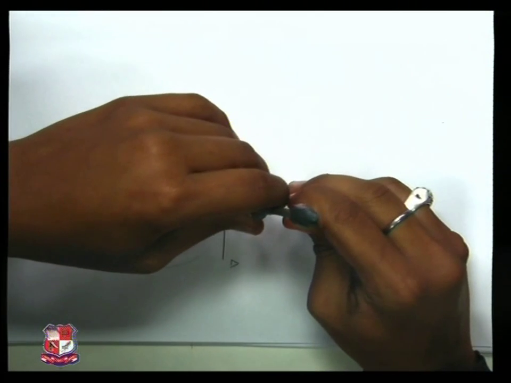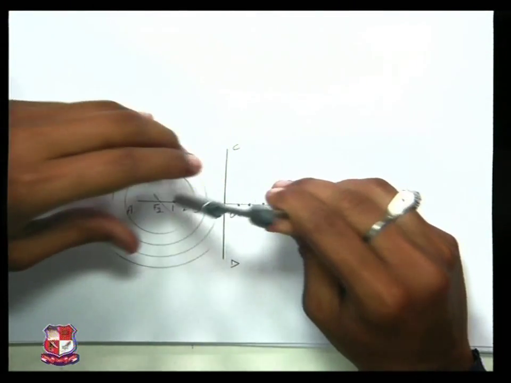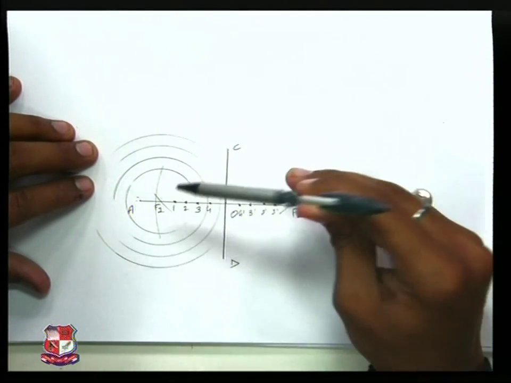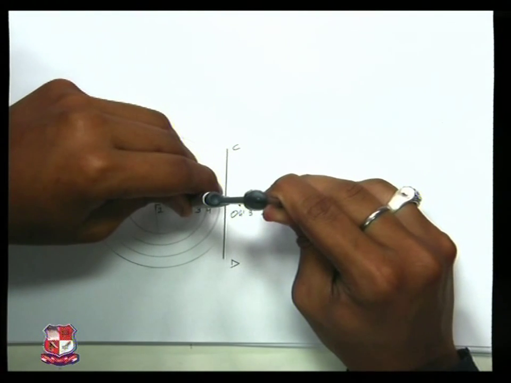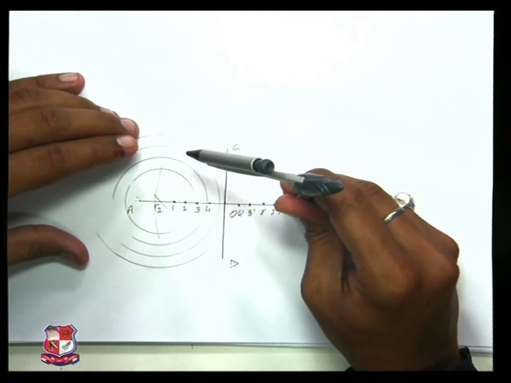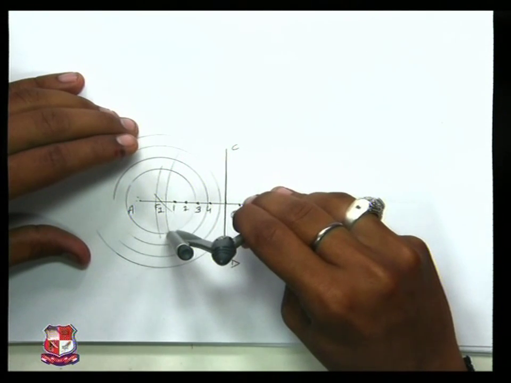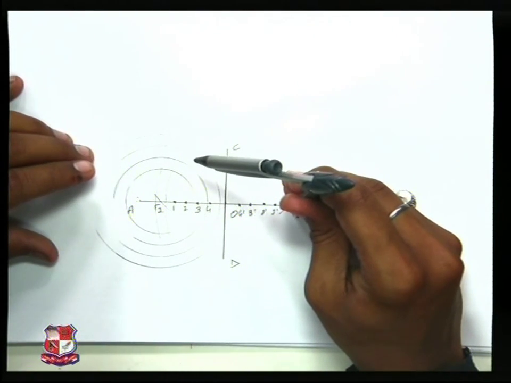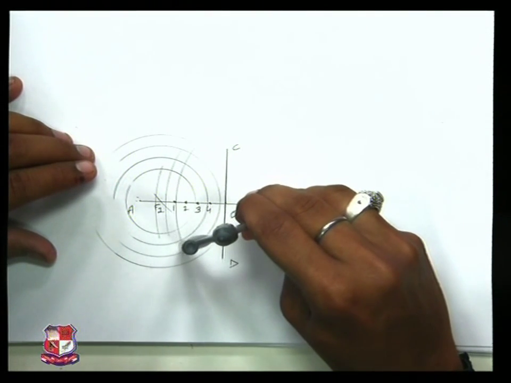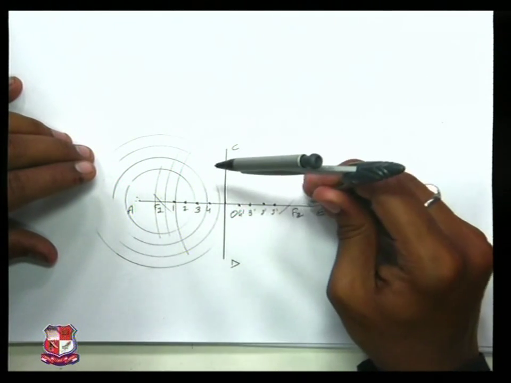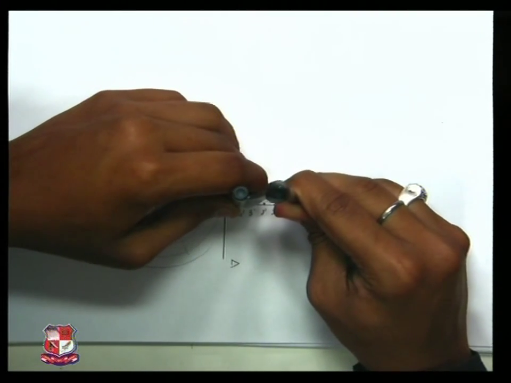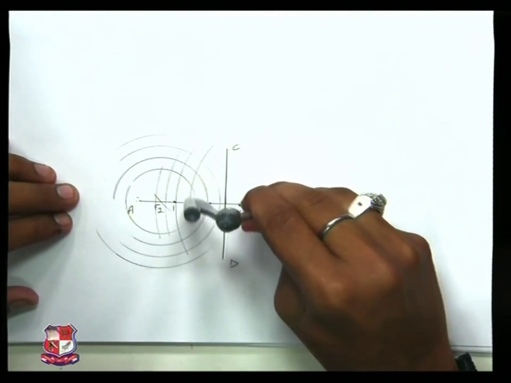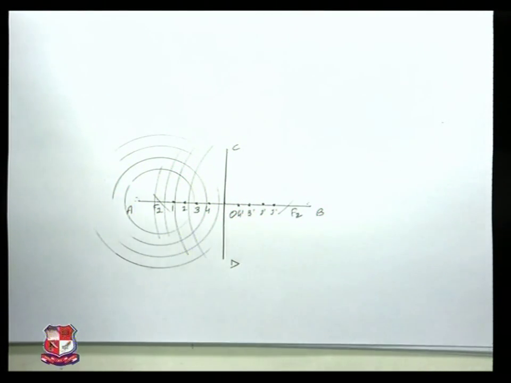Same way, B1, F2 as center, arc on the first circle. B2, center as F2, arc on the second circle. B3, F2 as center, arc on the third circle. B4, F2 as center, arc on the fourth circle.